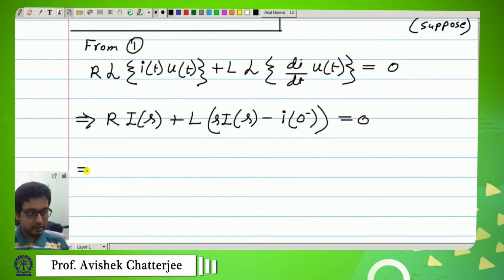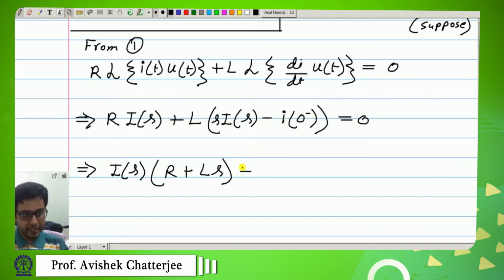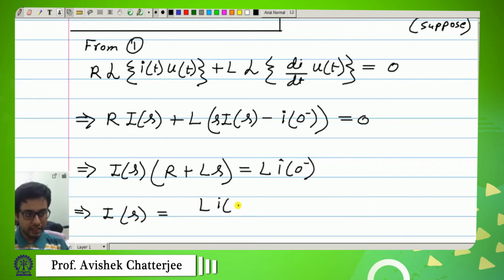Then let me write Is common, multiplied with R plus Ls, then minus I0 minus, let me bring it to the right side, I0 minus. From this, Is will be equal to I0 minus divided by R plus Ls.